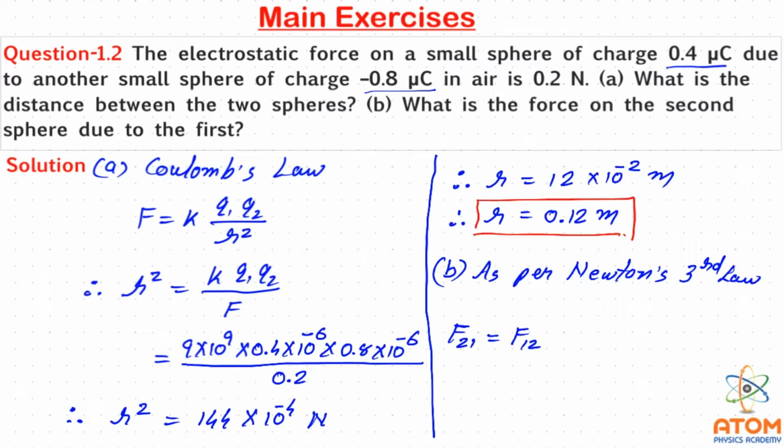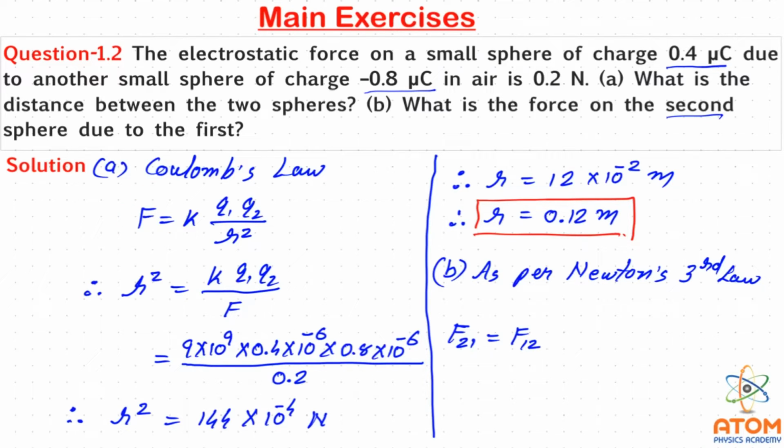And so here it is asked what is the force on the second sphere due to the first. So F21 is the force on 2 due to 1, but that will be equal to F12, the force due to 2 on 1, and this force is that only.